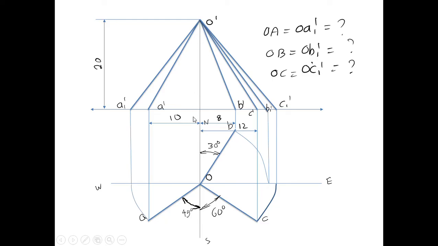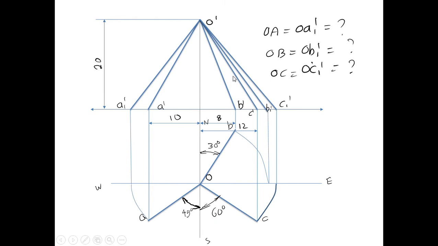So from here you draw a 10 centimeter post, and that is the front view of the post. This length is 20 meter or 10 centimeter. First you draw a 10 centimeter line like this, and this point is O dash.